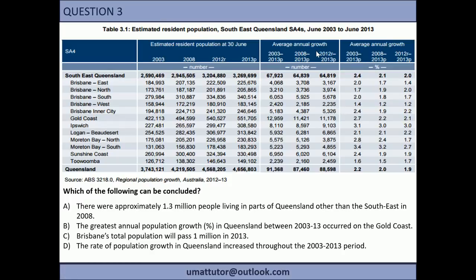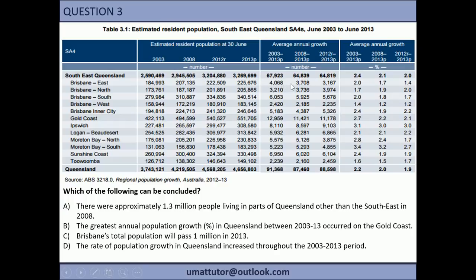So in terms of how to interpret this, the fact that that number is a bit lower than the overall growth for the 10-year period suggests that the rate of growth has decreased. The population of Brisbane East is still increasing, it's just not increasing quite as rapidly as before, because this column, which focuses on just the latter half, is already less than the first column.